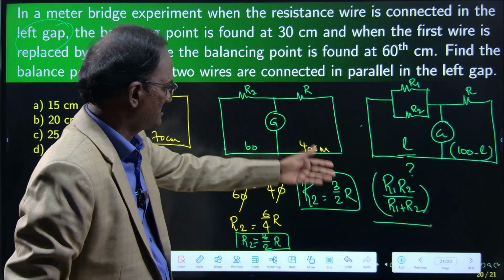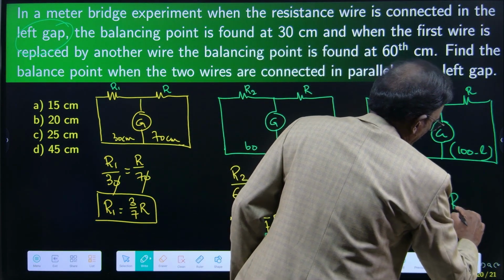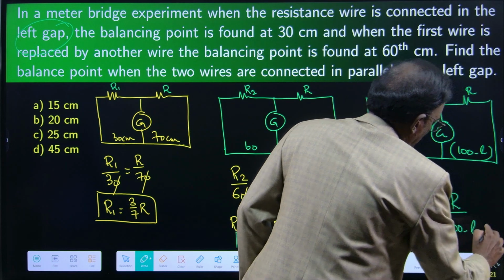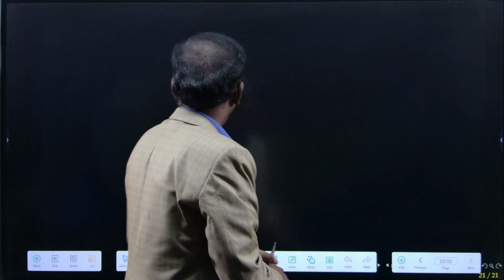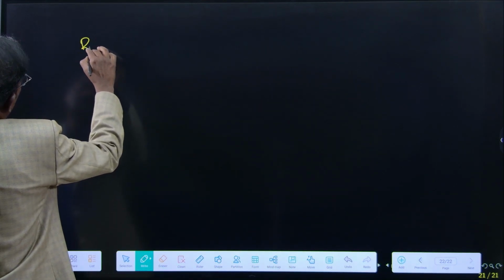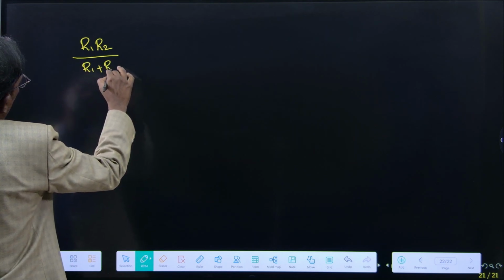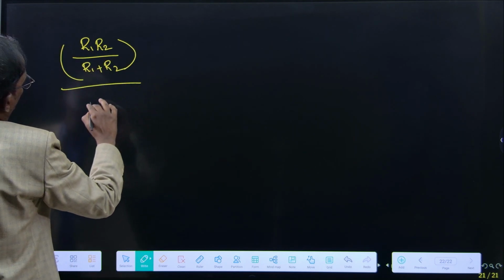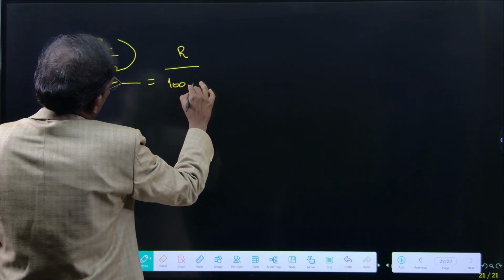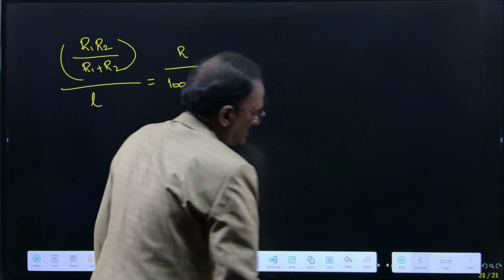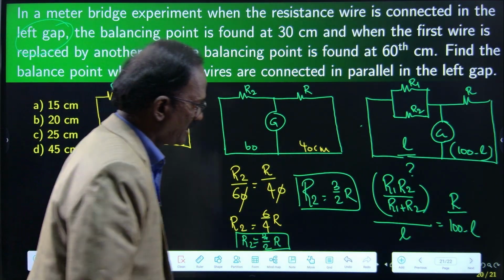So L is equal to R divided by 100 minus L. Let me write this equation on the next page: R1 R2 divided by R1 plus R2, divided by L, is equal to R divided by 100 minus L.